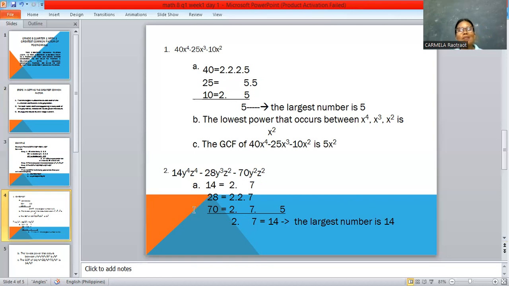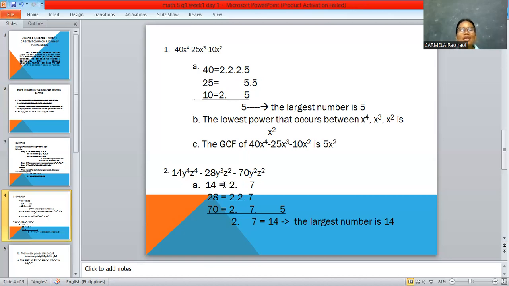If you are good in math or witty, automatically you will look at the 14. Isn't 14 the smallest number in the given? So is 28 divisible by 14? Yes. Okay. So is 70 divisible by 14? Yes. Okay. Because we are still beginners, let us apply prime factorization.